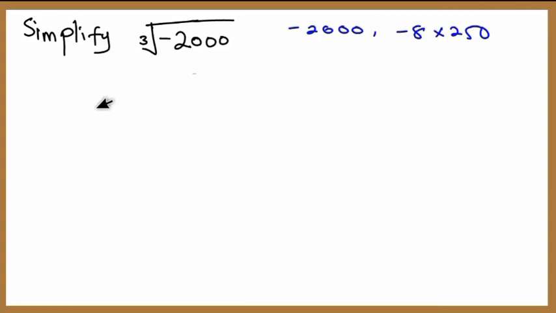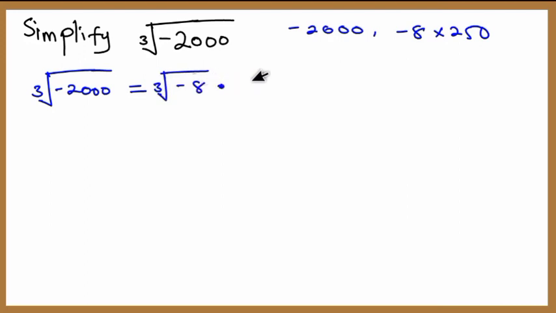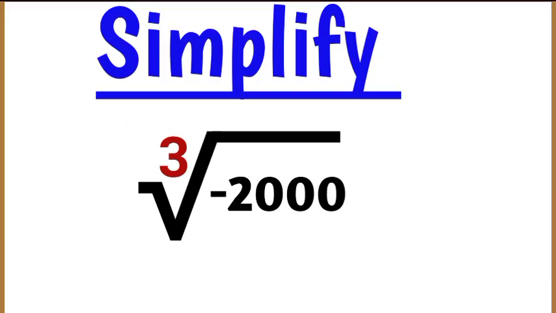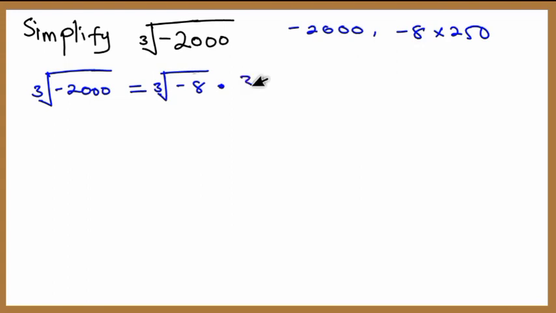So I'll have my cube root of -2000 equals, now I'll have my cube root of -8 multiplying the cube root of 250.